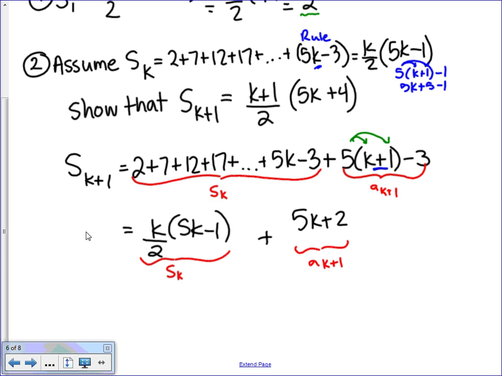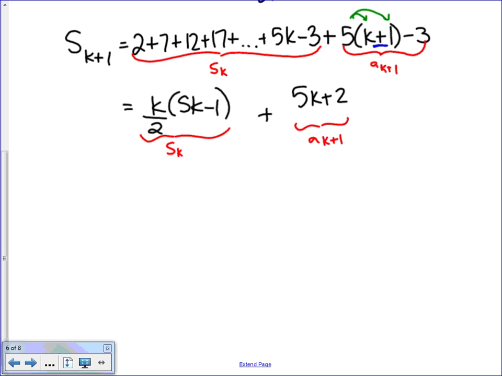So I'm going to have to do a little bit of work over here with my k plus 1 term. I'm going to have to multiply it by 2 over 2 so that I'll be able to add. Okay, so you're using your information from rational expressions. So this is k over 2 times 5k minus 1 plus 2 over 2 times 5k plus 2.